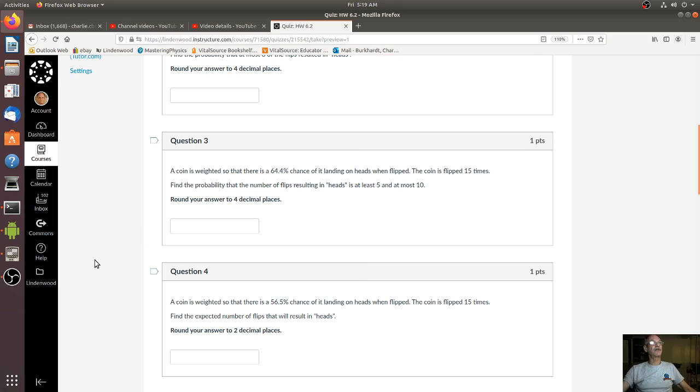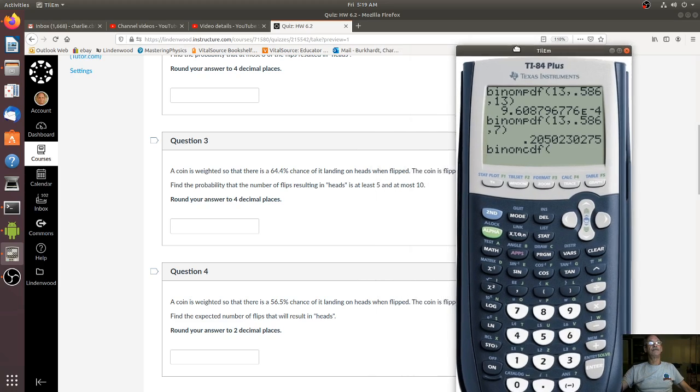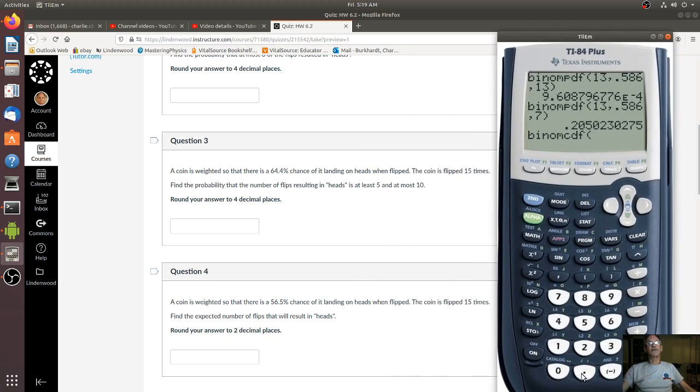This is question number 3. So let me grab my calculator. I'm going to do second distribution. I'm going to go up to binomial CDF. And the first thing I put in is n. What is n? 15. Comma. Then I got to put in p, 0.644. And then I put a comma.